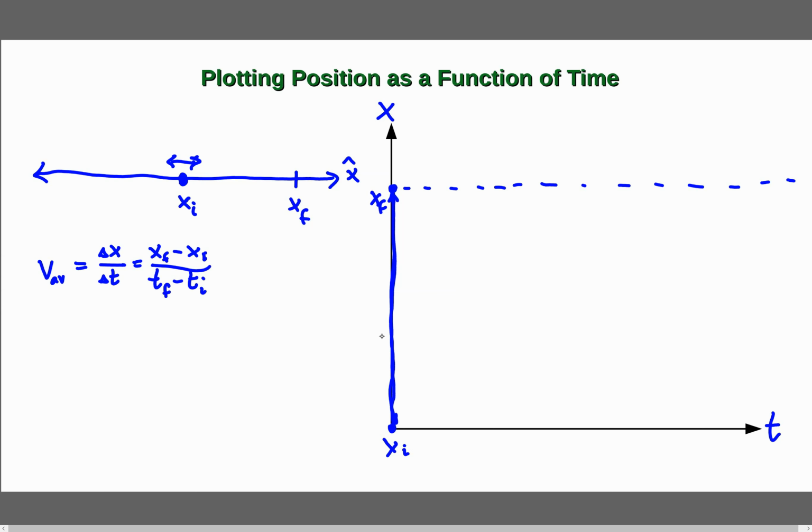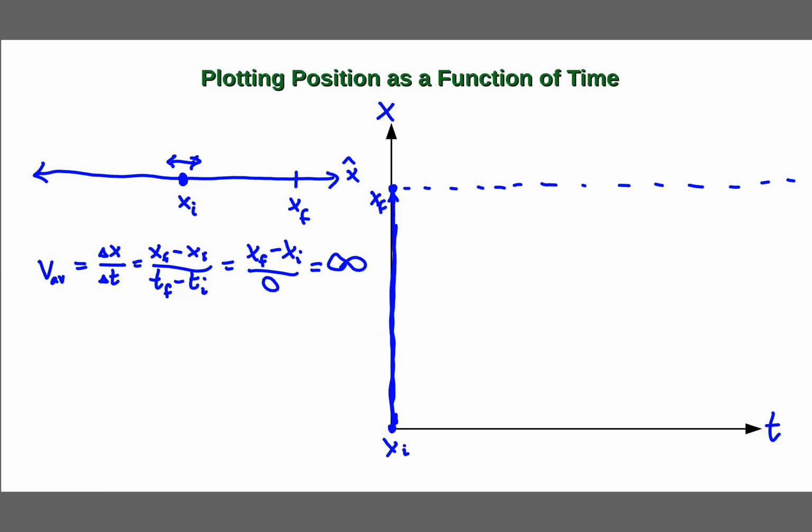But you can see here we haven't covered any distance in the x direction. So t final equals t initial, which means we'll have x final minus x initial over 0, or infinity. So our average velocity then is infinite because we've covered distance in no time. So we know that's not going to be the case.